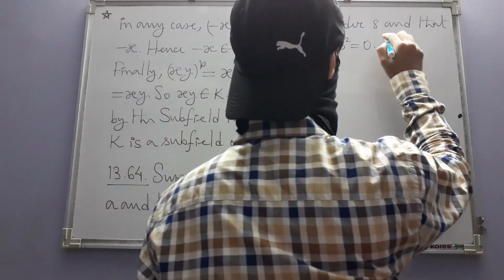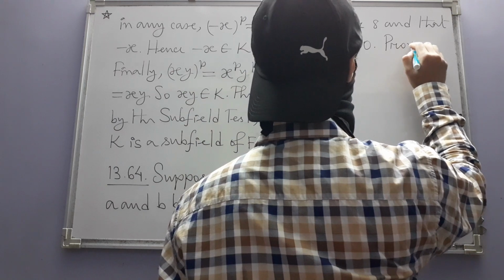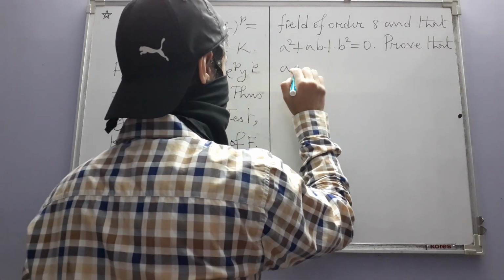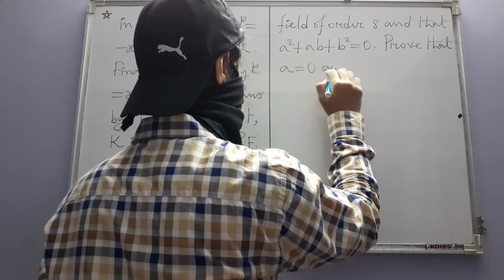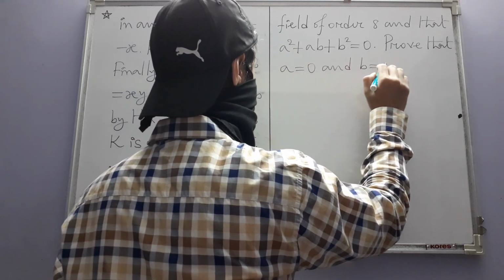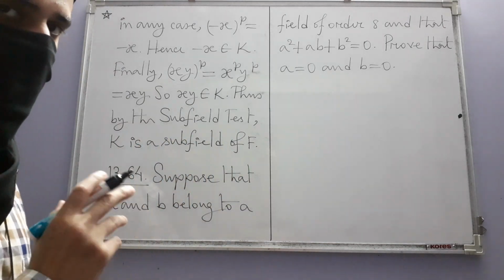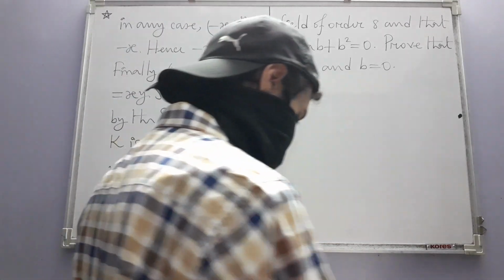Prove that a is equal to 0 and b is equal to 0, not or but and. So that means both a and b must then be equal to 0.